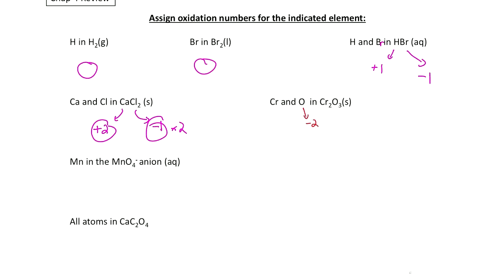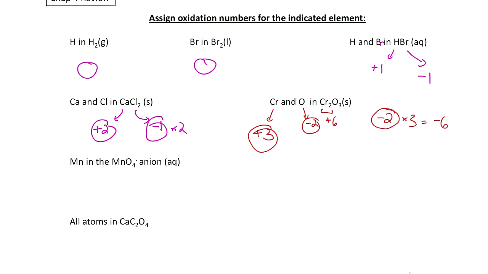Oxygen's -2. And if we look at the compound, there are 3 oxygens. So that gives a total of -6. So in order to make this whole compound charge neutral, all those chromiums have to contribute a +6. So that makes chromium +3. It's basically charge. Right, keep going.